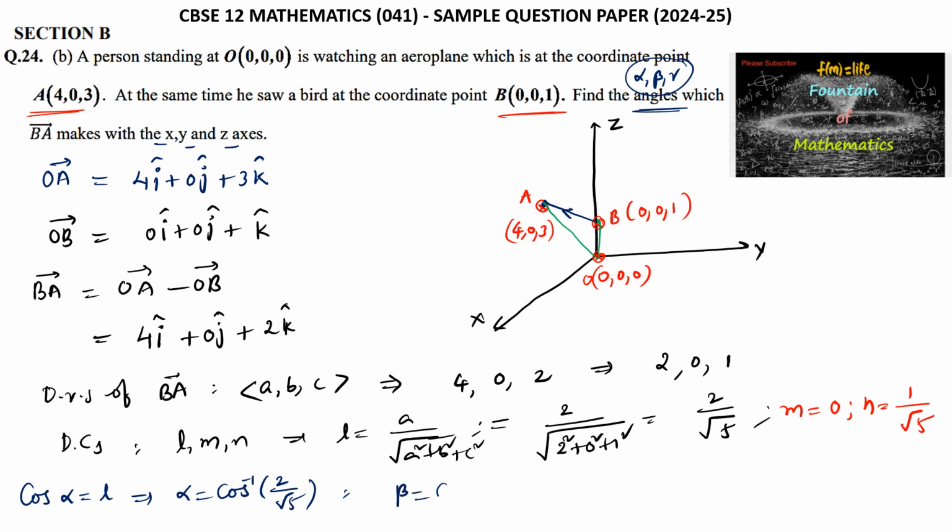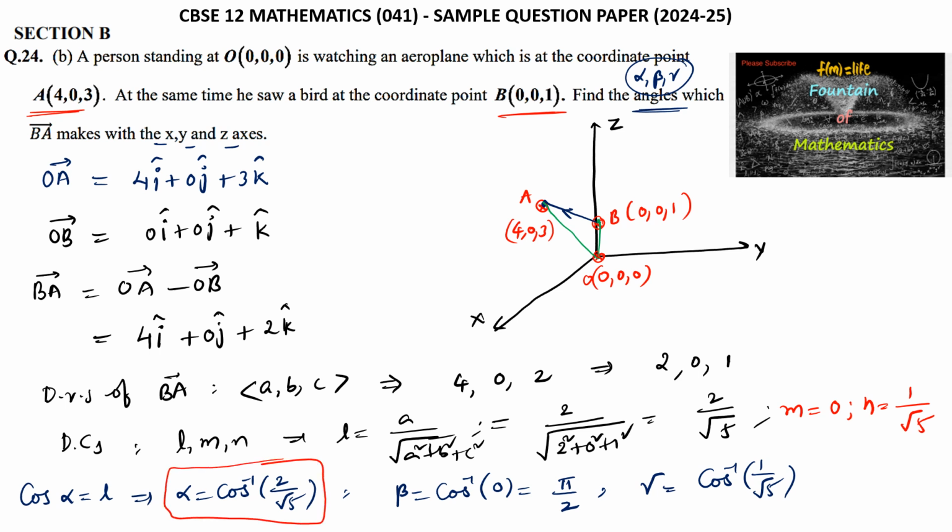Similarly, beta is equal to cos inverse of 0. So cos inverse of 0 we can consider pi by 2, and gamma is equal to cos inverse of n. So here n is 1 by root 5. So here we can consider one angle is cos inverse of 2 by root 5, another angle is pi by 2, and the third angle is cos inverse of 1 by root 5. So this is the answer.